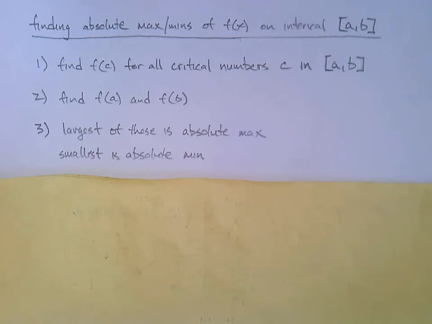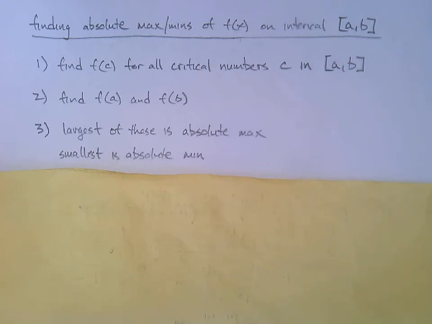Most functions that we look at don't have an absolute max or an absolute min, or maybe they have one but not the other, and so that makes problems not nearly as interesting in one sense and very difficult in another sense. If you don't have the graph, how do you show that something does not have an absolute max or min?